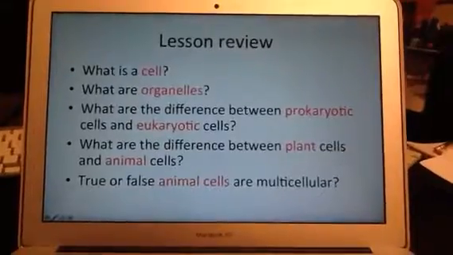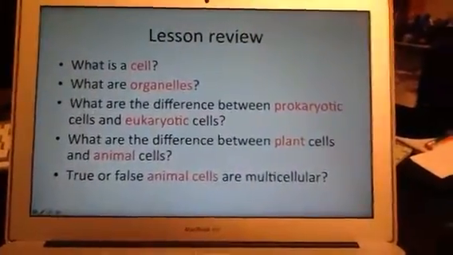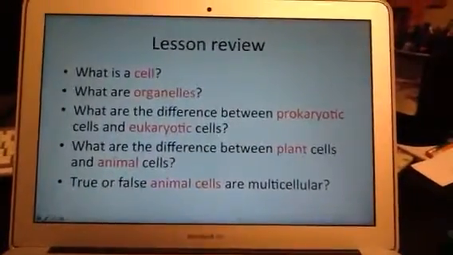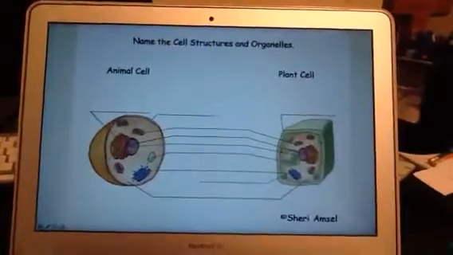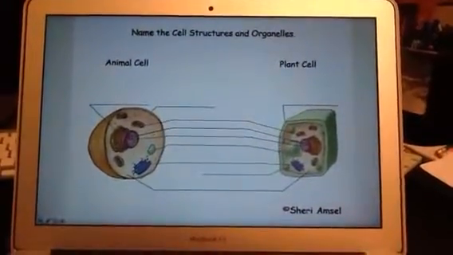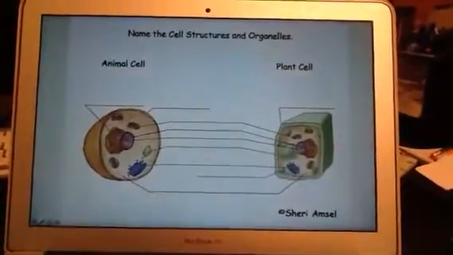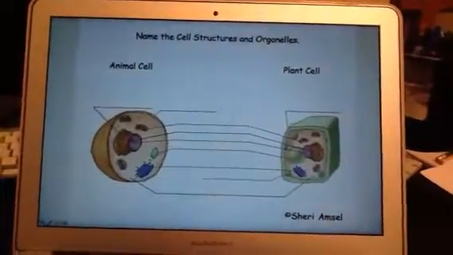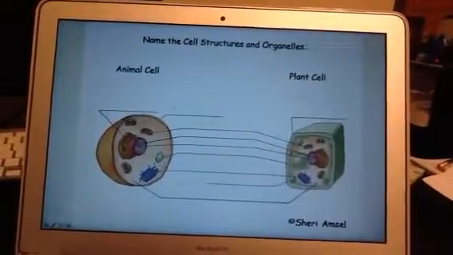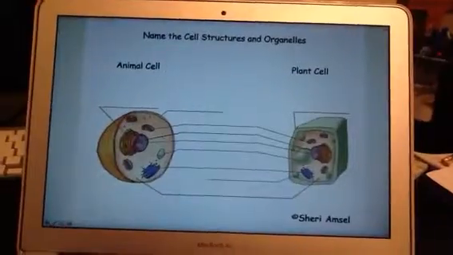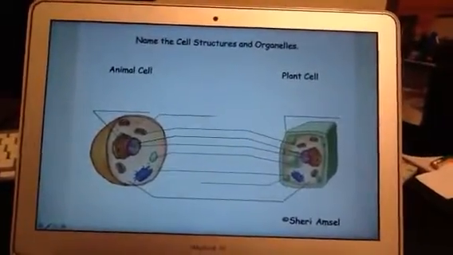So you have 5 minutes to answer these questions, and as soon as you are done with the questions, please take a moment to start working on the diagram that is at each of your tables. So pick the diagram and mark it, start labeling the organelles in both of the cells.